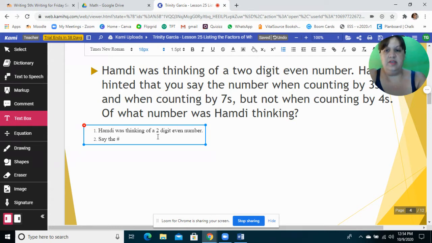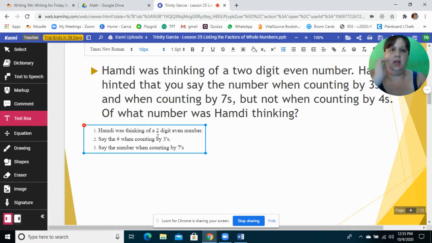I'm going to use the number sign. You can too. And the third thing we know is that you also say the number when counting by what? Seven. Good. All right. And the last thing we know is that you do not say it when counting by fours.